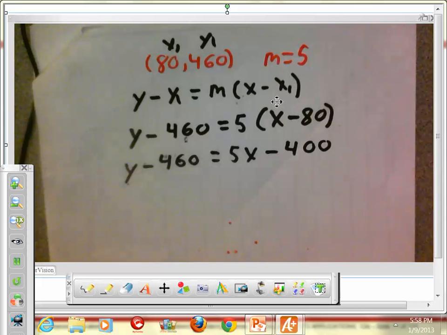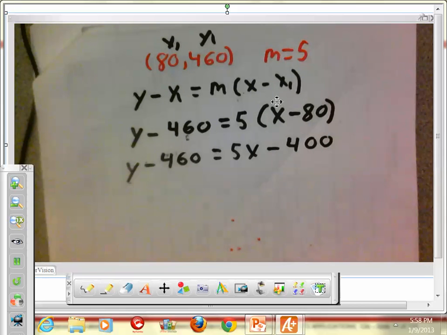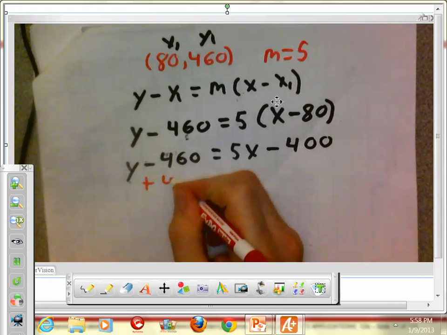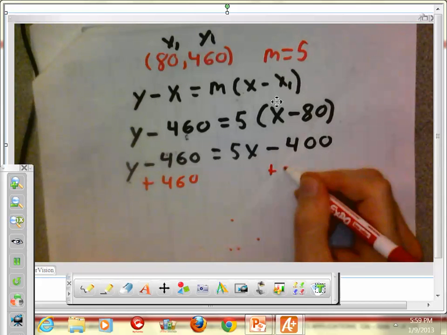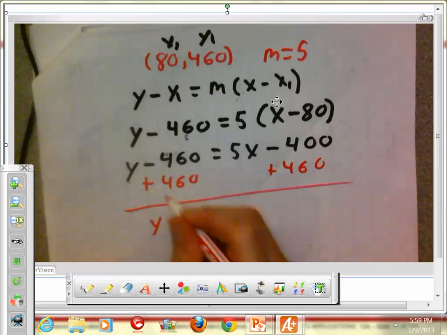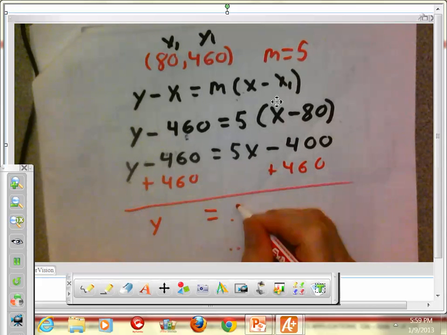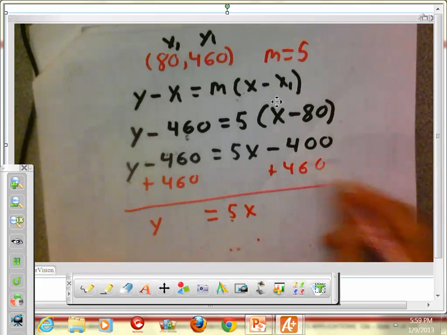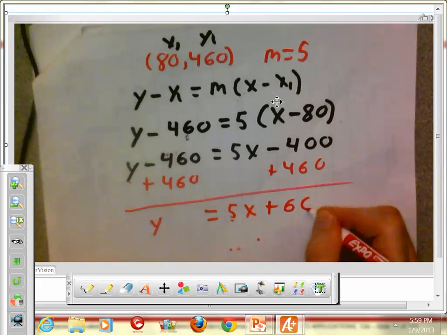Now I'm going to add 460 to both sides. I'm going to have y, these are going to cancel to give me 0, so I have y is equal to 5x, and positive 460 and a negative 400 gives me 60. And I wind up with the original line.